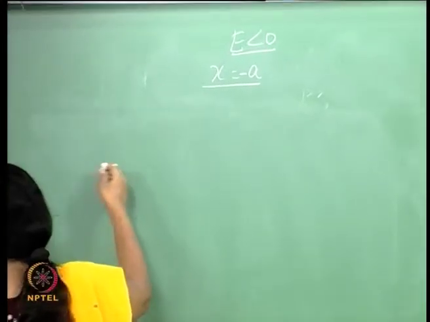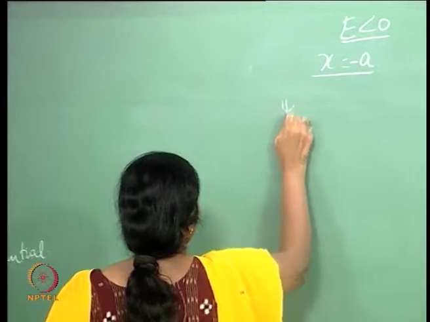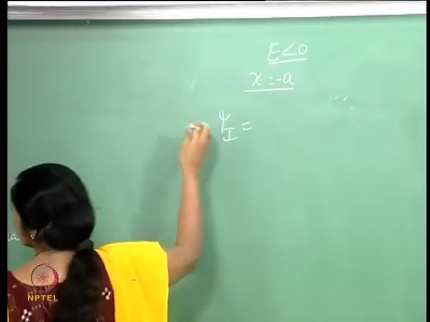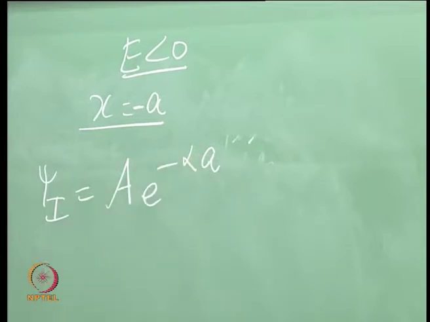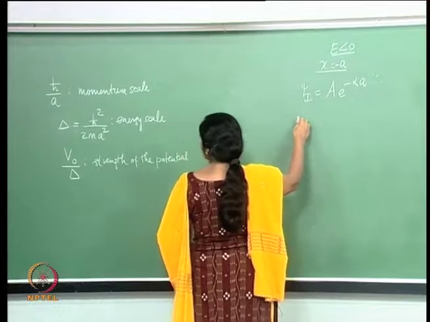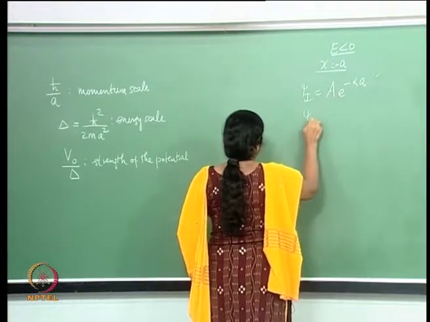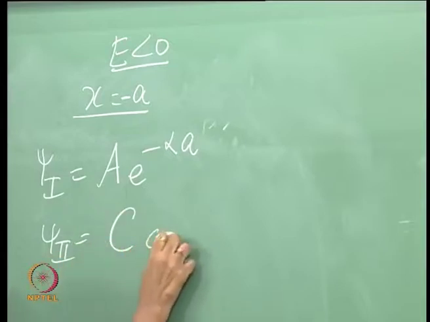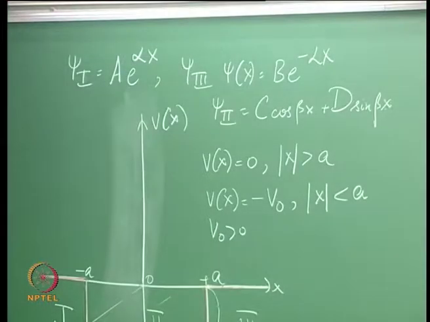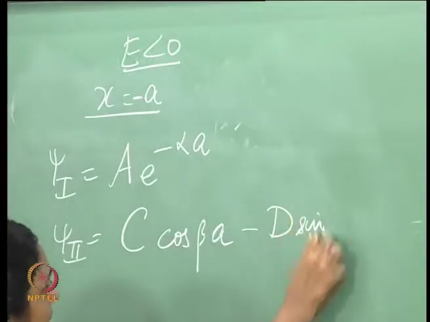So, at x equals minus a, psi 1 is A e to the minus alpha a, and psi 2 is C cos beta a minus D sin beta a.